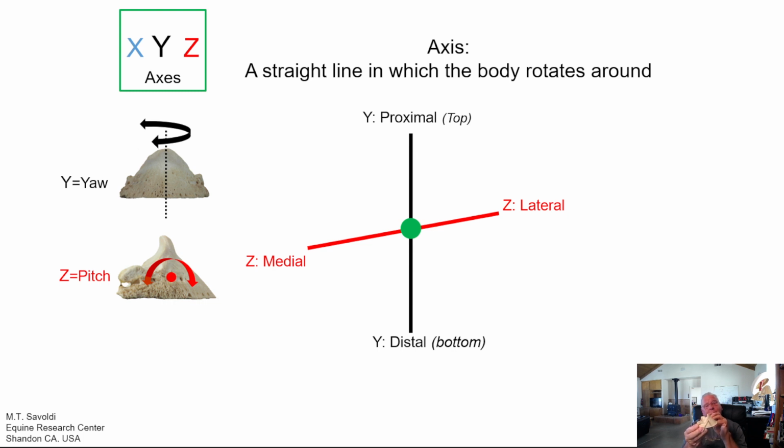We'll be talking primarily about the hoof capsule, and I really like to use these terms when it comes to how a foot is trimmed or how a horse is standing on its foot. But in reality, a positive palmar angle would be a forward pitch, and a negative palmar angle would be a backward pitch.